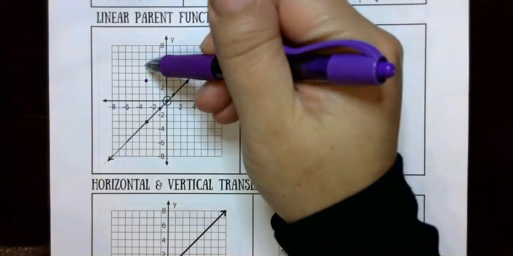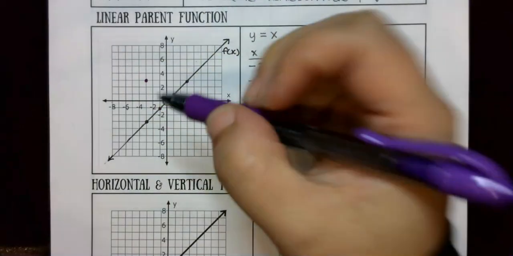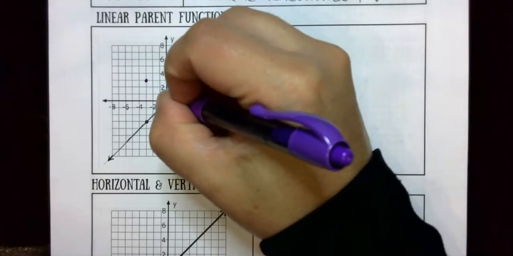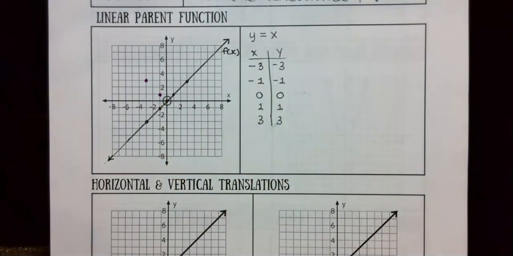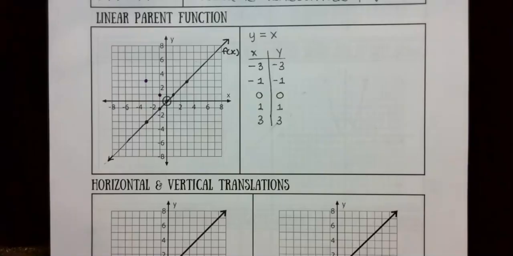But notice that they're still on the vertical line, but in the opposite direction. So when I look at this point right here, I notice it's 1 unit below. So my new point would be 1 unit above. Now, I have this point on the x-axis. It's just going to stay there. And I'm going to use it as part of my new line. So if it's on the x-axis, we're just going to leave it there.